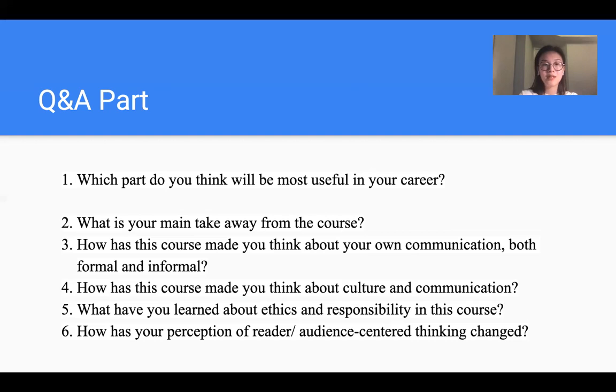For the third question, there are many differences in the way of communication and the language. For example, when communicating formally, we usually take the form of letters and emails and use a fixed format. But in informal communication, we may communicate through social media such as Facebook and Twitter and use some internet buzzwords. For the fourth question, this class made us realize the important role that cultural background plays in communication.